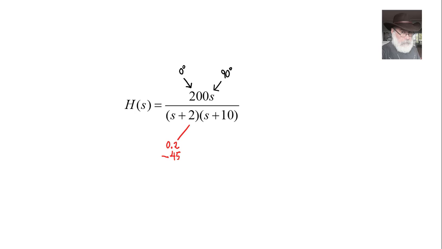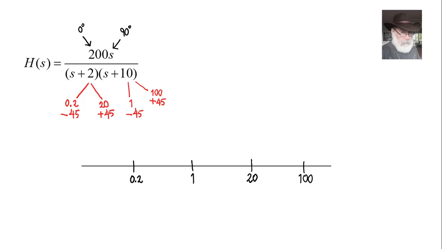In the first one, at 0.2, it will add a slope of negative 45 degrees per decade, and on the decade above it, at 20 radians per second, it cancels out that slope with a positive 45 degrees per decade. Something similar happens with the pole at 10. The corners are at 1, negative 45 degrees per decade, and at 100, the canceling out of plus 45 degrees per decade. In this diagram, which is not up to scale, this is a sketch, I have marked equally spaced the four corners.